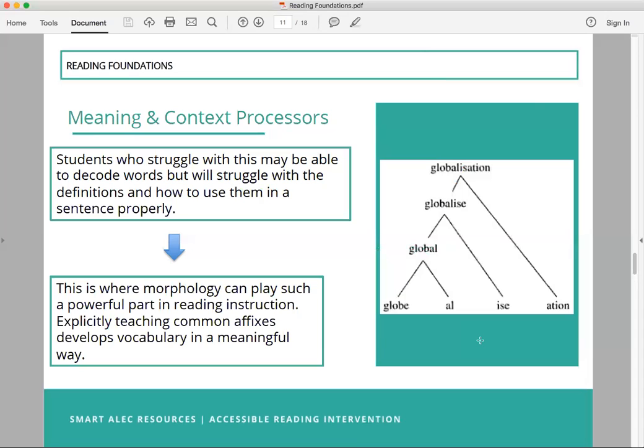This is also where things like teaching Greek and Latin roots can be really helpful. So for example, Latin root, ject. If we know that ject means to throw, all of a sudden we can start thinking about what object might mean.